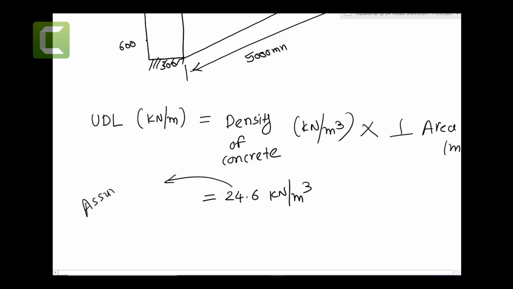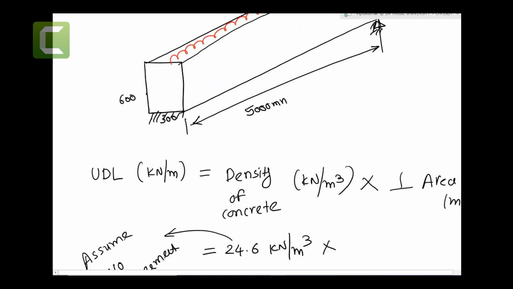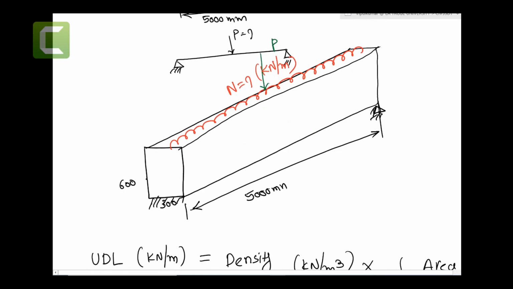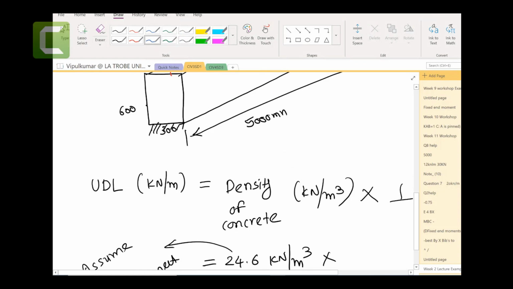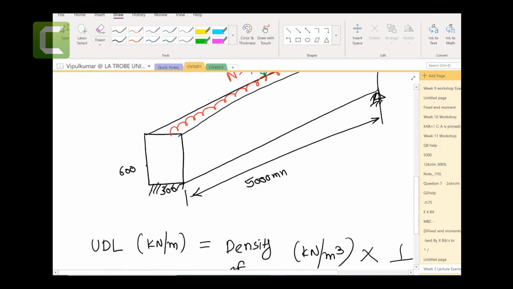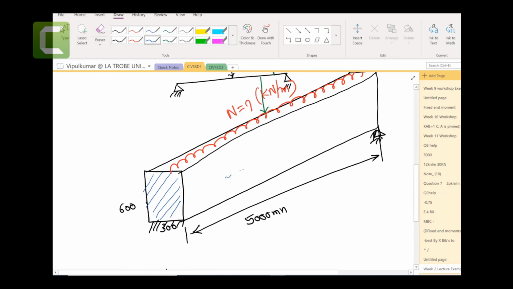Let's assume 1% reinforcement. That's what is given. Times the perpendicular area. So look at this red one that we want to use. If I want to calculate this red one, the perpendicular area that I like to take into account is this one, right? This is the parallel area, by the way. This round one that I'm putting is the parallel area.